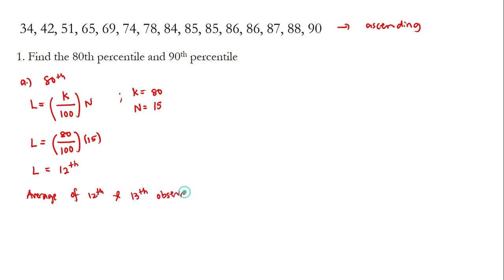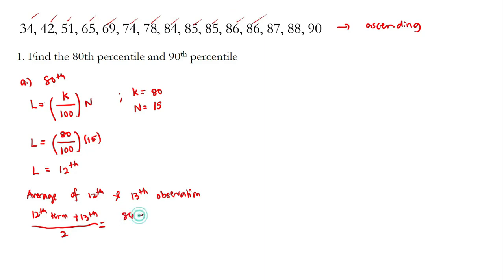So, we have the 12th term plus the 13th term divided by 2. The 12th term is: 1st, 2nd, 3rd, 4th, 5th, 6th, 7th, 8th, 9th... okay, 86.